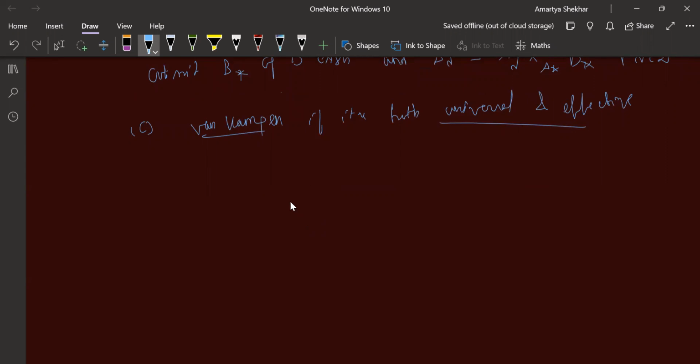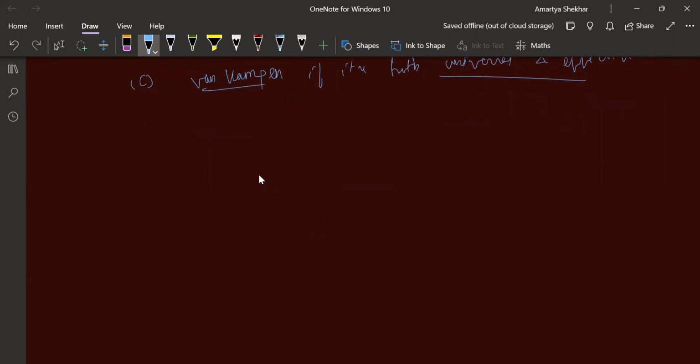Okay. So let me talk about a few things. You can also find these in the paper. A few definitions related to Van Kampen colimits, some important terms that you should know.